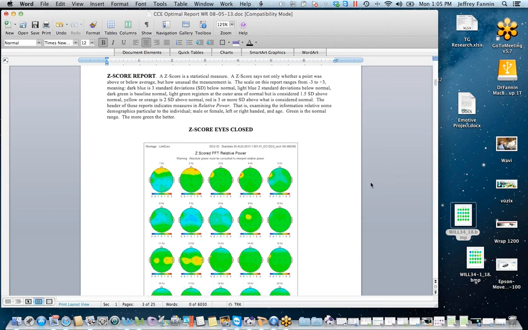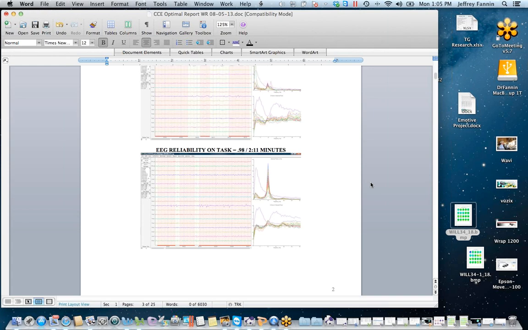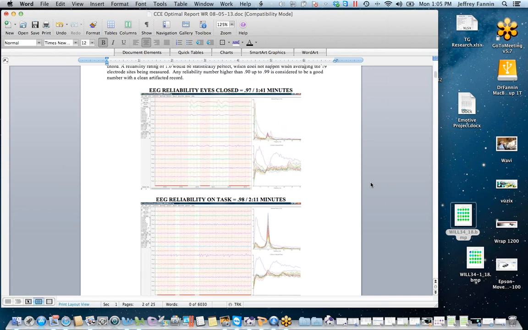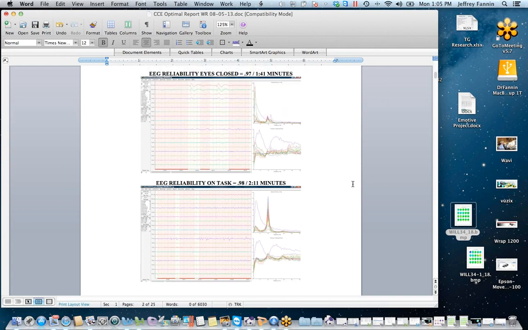All right. The first thing that we do in processing all of this is we go in and select these red lines down here, the various epochs that we're going to use. We eliminate things like eye movement, tongue movement, swallowing, any of the things that we call artifact. Then the computer will give us a reliability rating.